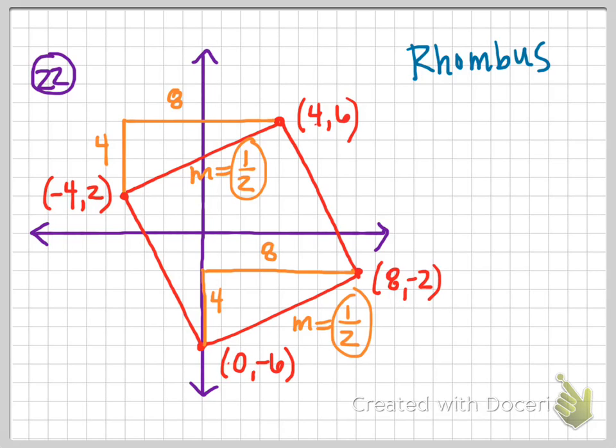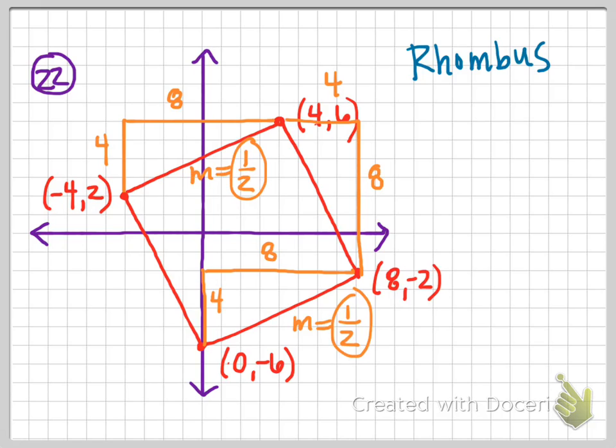Let's take a look at the other two sides. Those both look like negative slopes because they're going down from left to right. So the rise is going to be 8, or I can think of it as a negative 8, and the run is 4.